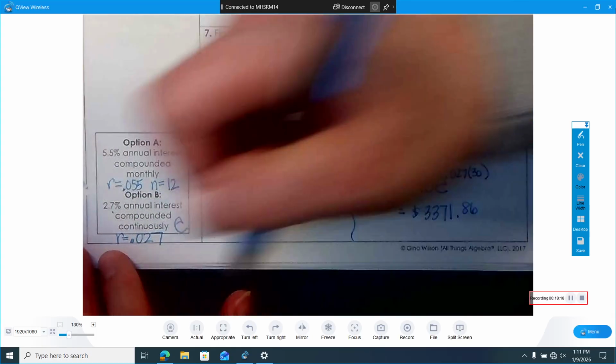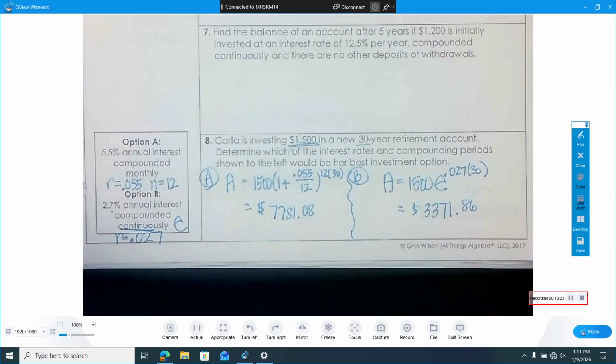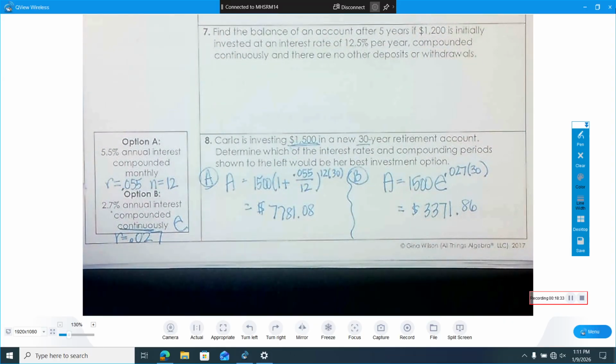Because this one is compounded continuously, we use the PERT model. And the one compounded monthly or compounded daily, we use the long formula, the R over N to the NT formula. All right, that's pretty easy, yeah? All right, you guys have a worksheet. So pay attention to the words.